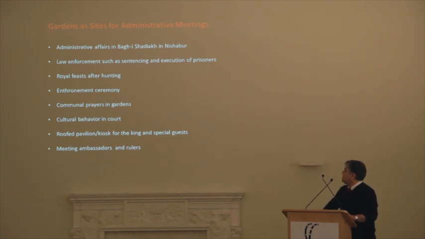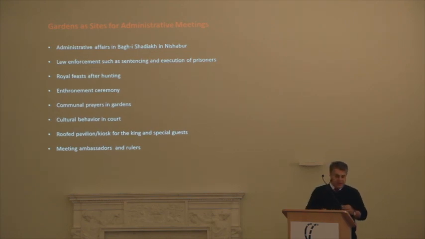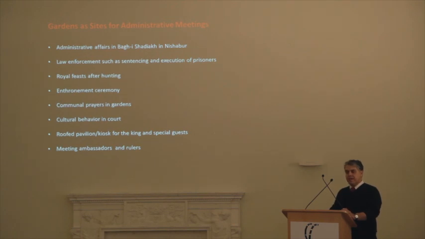So, for instance, we have the administrative affairs in Bad Shadiakh, in Nishabur, or we know that mainly because many of these kings lived in these gardens and moved from one garden to another. They had law enforcement happening within these gardens, and that has also been depicted in miniature painting, and I will show it in a few minutes.